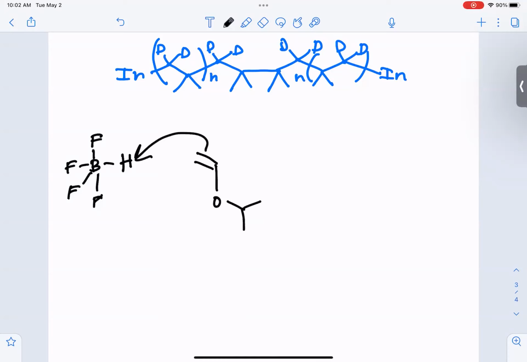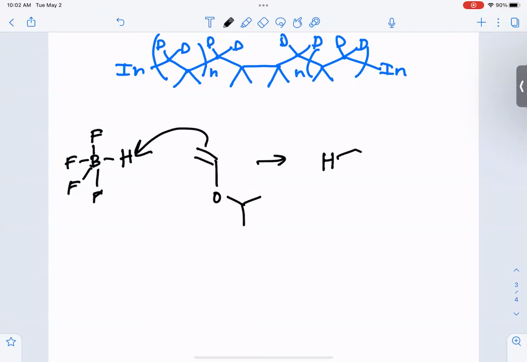Your pi electrons take your hydrogen. You get your cation. Your pi electrons go after the cation.